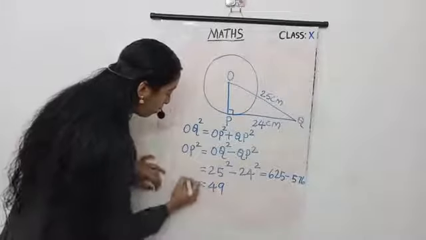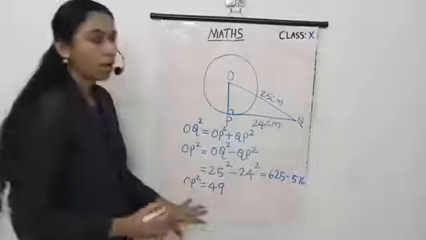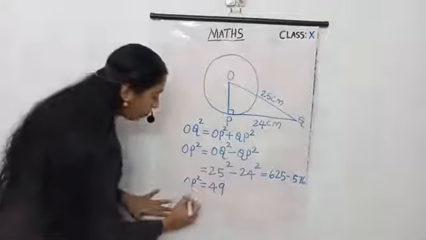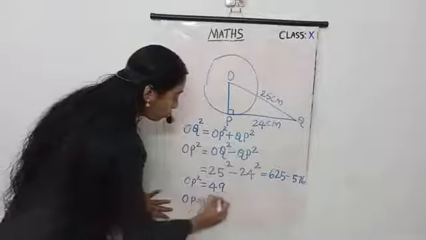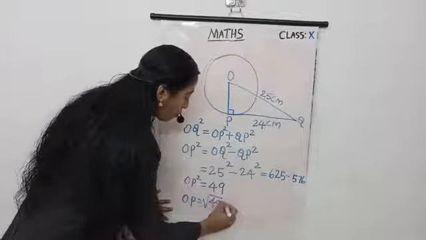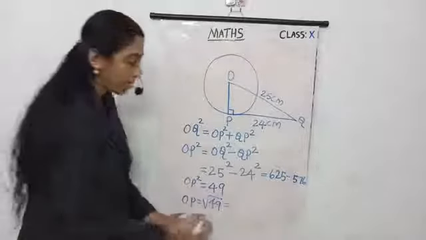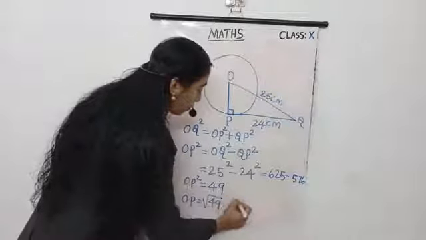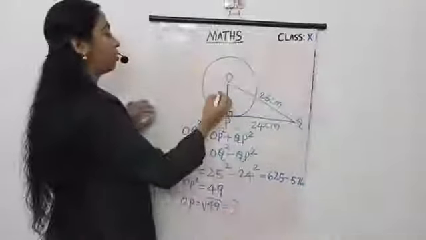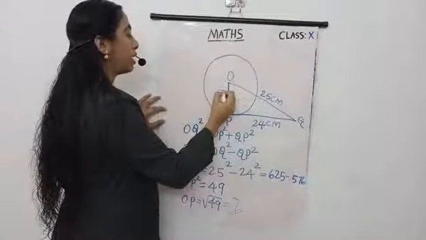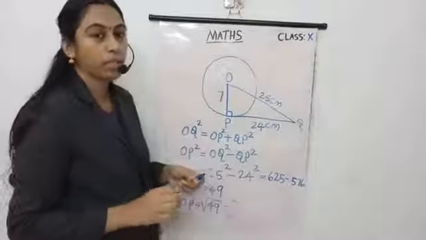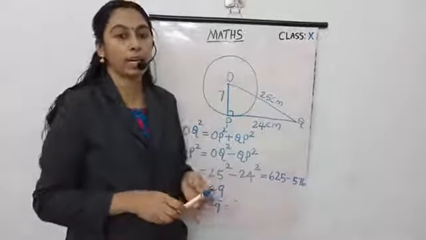That means OP square is equal to 49. Then OP is equal to root 49. What is root 49? 7. So the radius of this circle is 7 cm. That means option A is the correct answer.